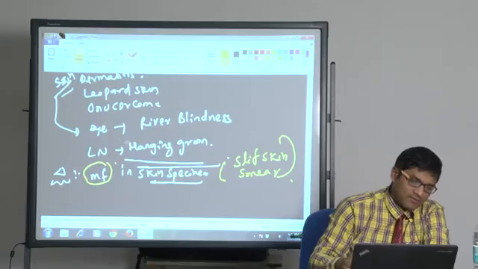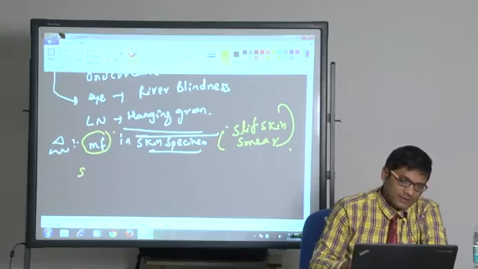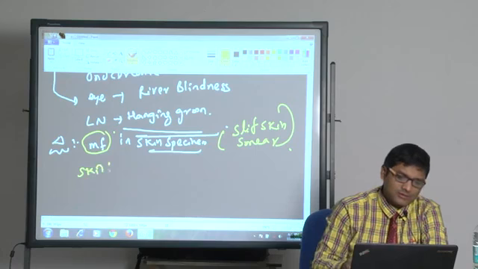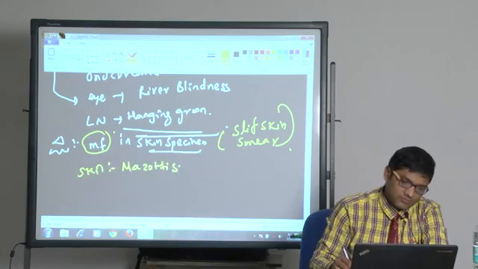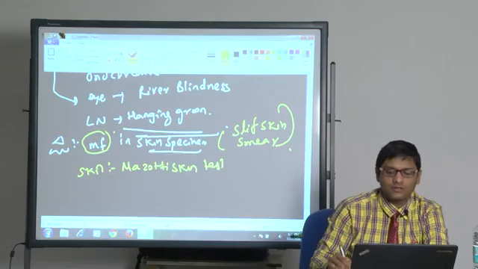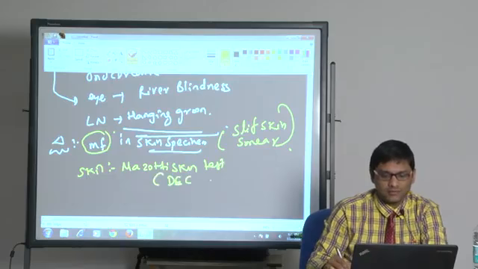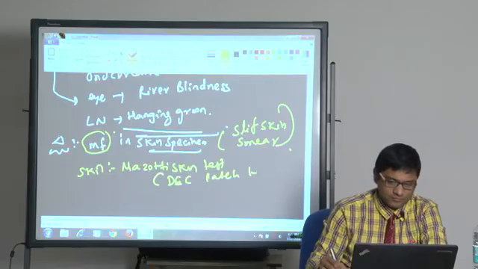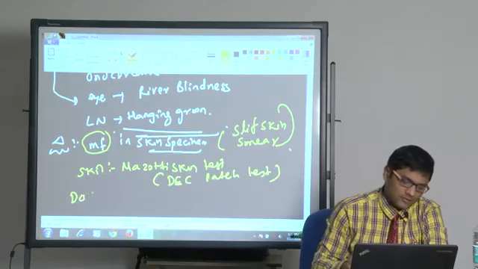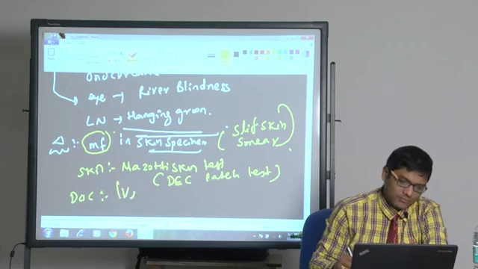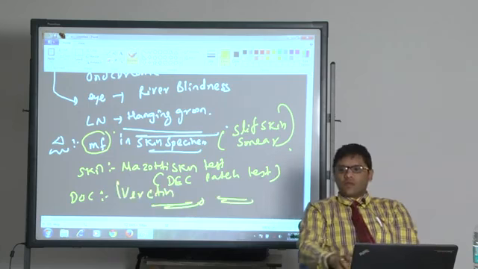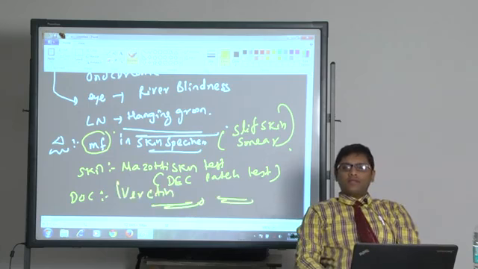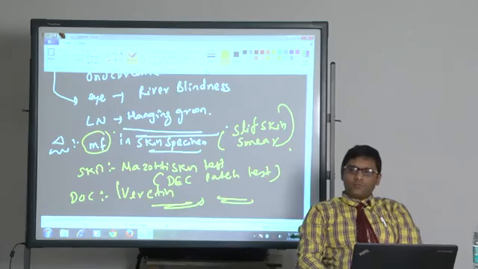And apart from that, the skin test called Mazzotti's skin test, which is also called DEC patch test. Don't forget the drug of choice is ivermectin. Okay, so that finishes parasitology.